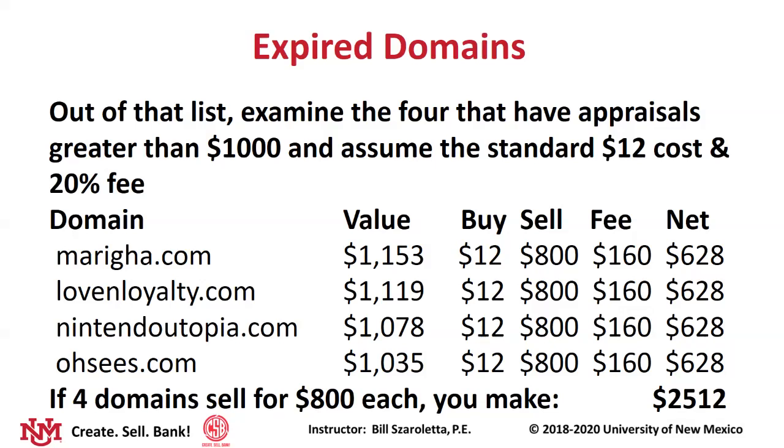So, if we sell for $800, that's $160, and the net would be $628. So if you sell all 4 for $800, your net profit is $2,512. If you're going to make this into a business, you want the number of domains that you sell to be 40 or 400 or 4,000.